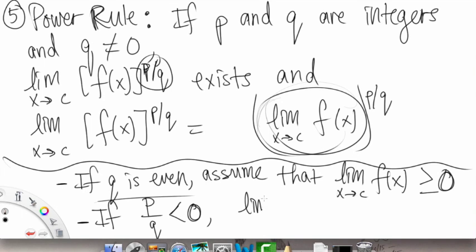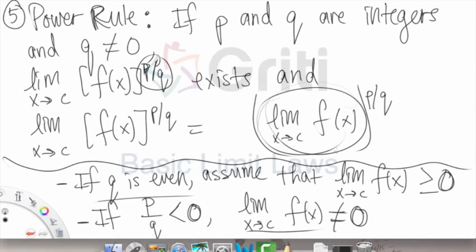Then we're going to assume that the limit as x approaches c of f of x is not equal to 0. Because remember again, if we have a negative exponent, that would flip the entire limit to the bottom, so it'd be 1 over something, and we never want a 1 over 0. We don't want a 0 on the bottom, so we're just going to restrict it so that our limit cannot equal 0. Okay, so I have a couple more of these cases, and I'll continue this on the next slide.